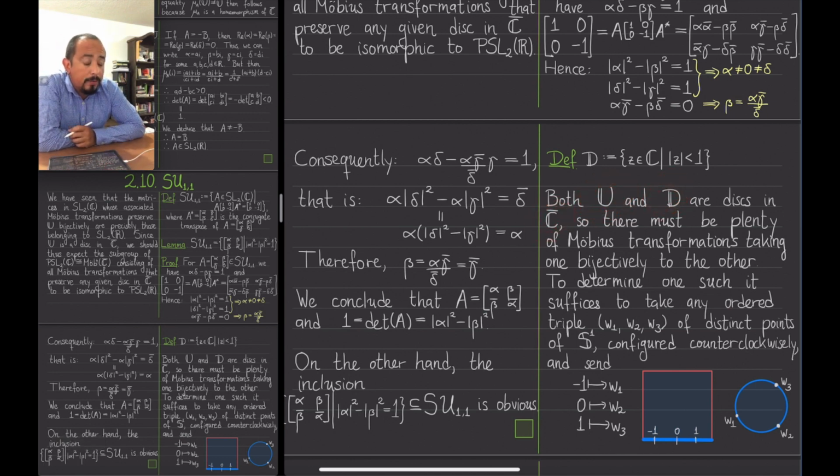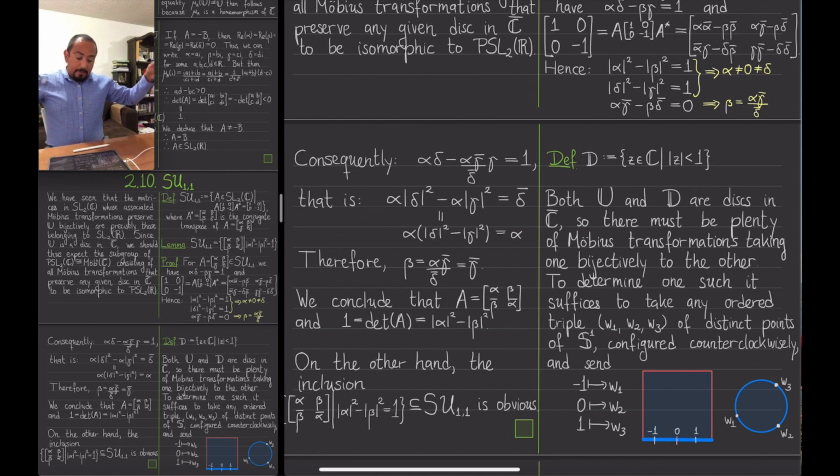So there must be at least a Möbius transformation sending one to the other, right? Because of the transitivity on triples, and because circles go to circles. Something I can do to send one to the other with a Möbius transformation is look at the circle which is the boundary of U, namely R bar.